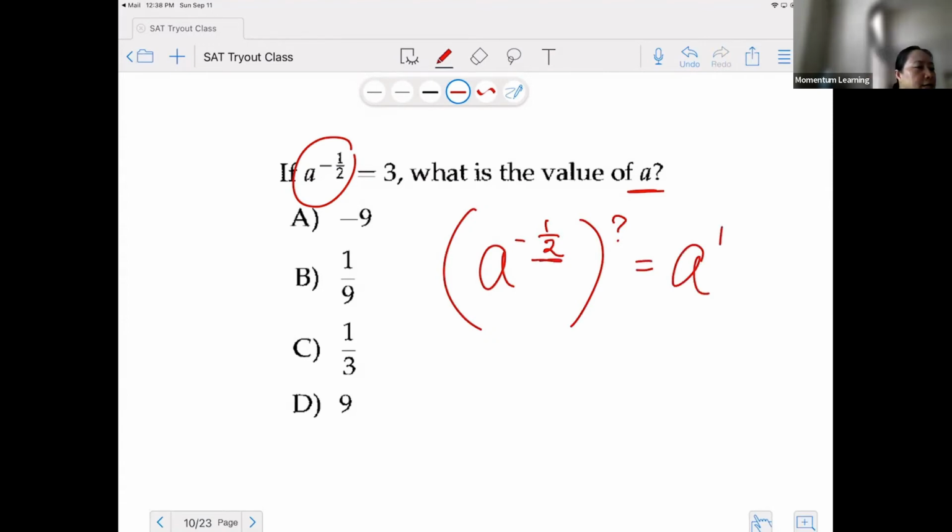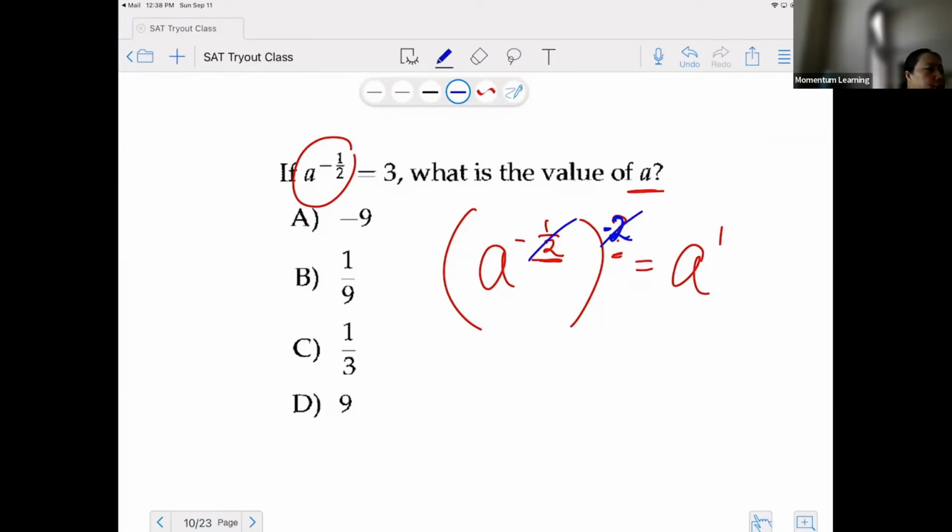I have an inside exponent and I have an outside exponent. They need to multiply together to get 1. So I will put, let me use the book one, I actually want to not say multiply, raise to the power of -2. This way, this one will become 1.